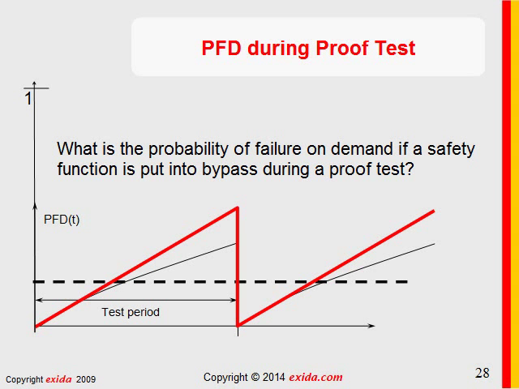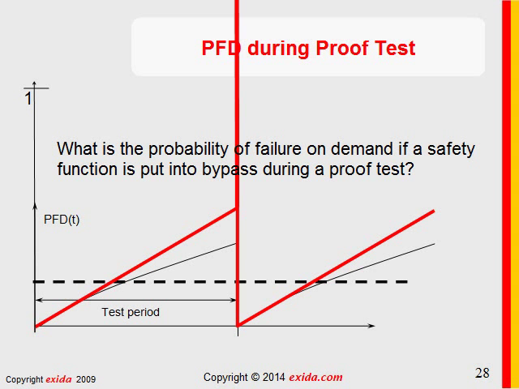That makes sense? False trips are bad news. Although not everybody recognizes that, they really are. What happens during the proof test? The probability of failure on demand during that brief period equals 1.